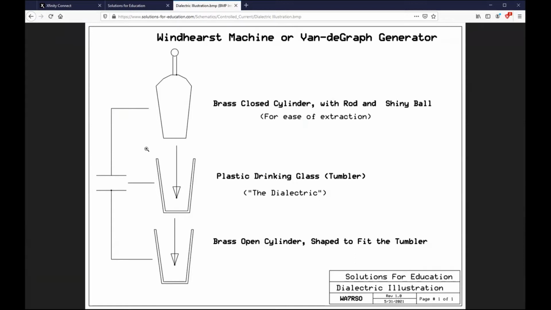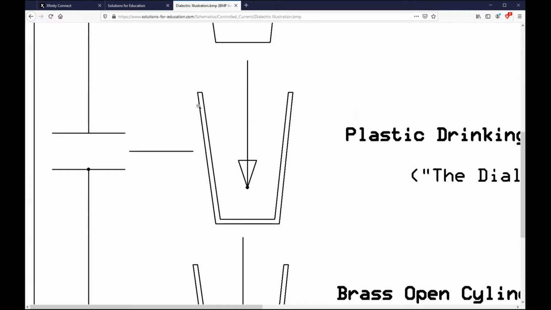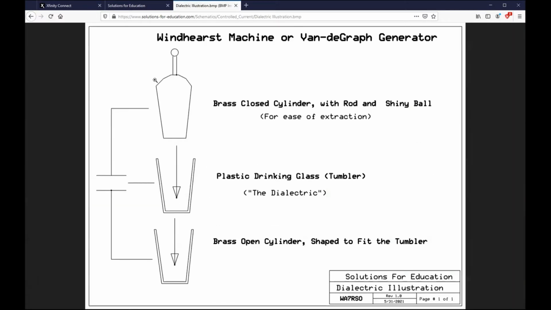And then we had another cylinder up here that was closed at the top with a metal rod and a ball sitting on top. And this was a nice fit into the glass. So guess what you had? This is now a capacitor. This is one side of the capacitor, one of the conductors. And here is the other, one of the other conductors up here.